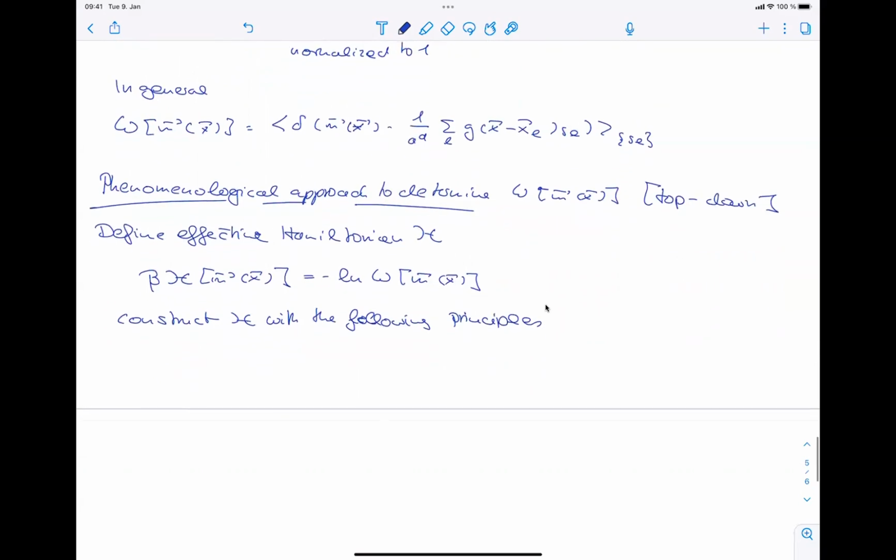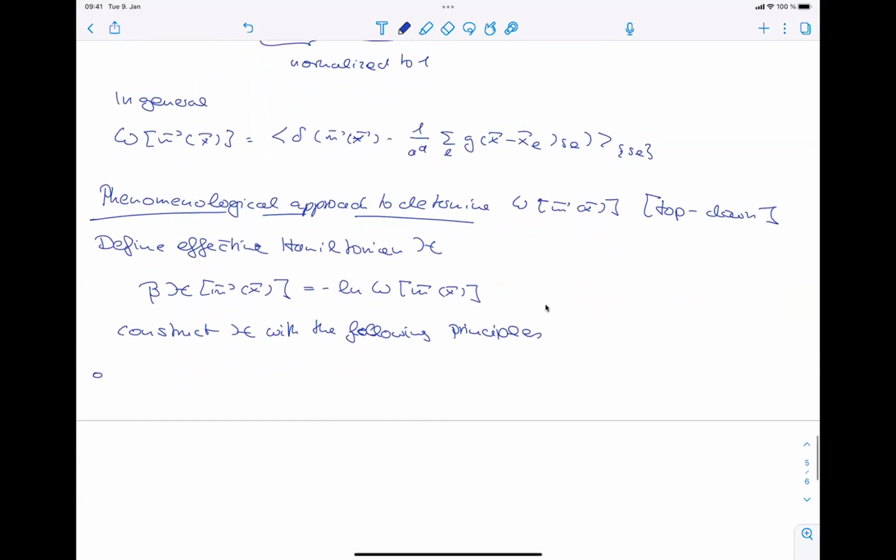So the principles that we look at are, for example, locality and uniformity.